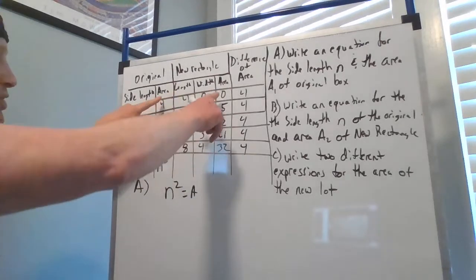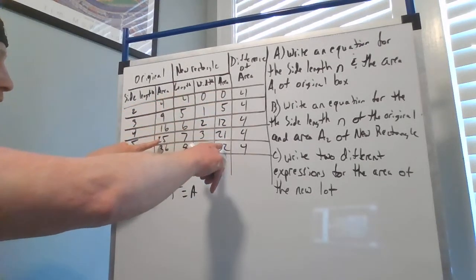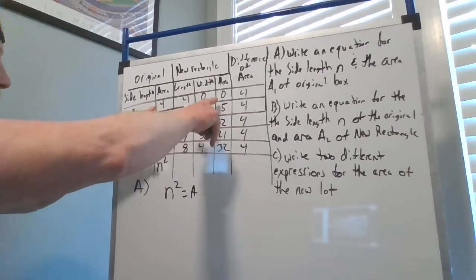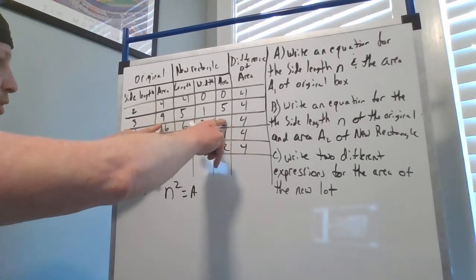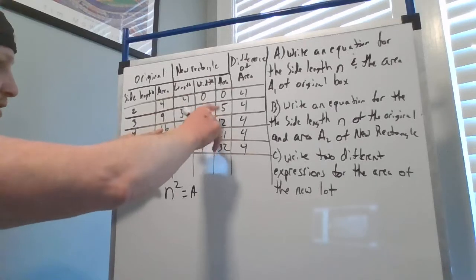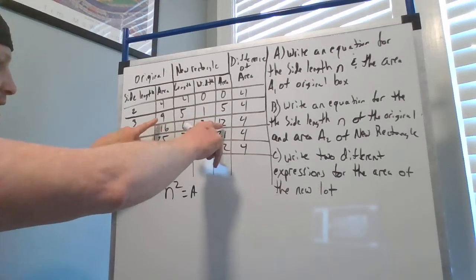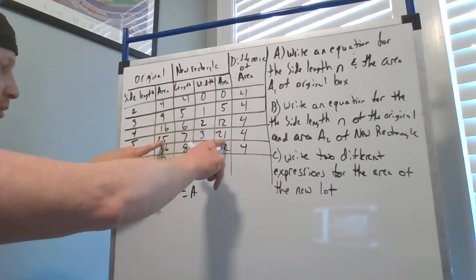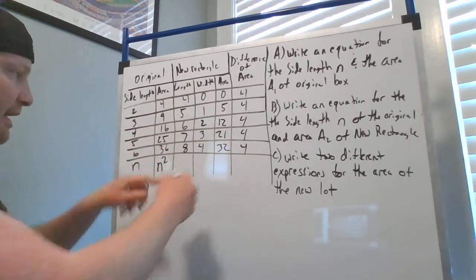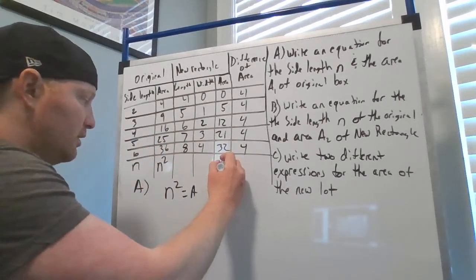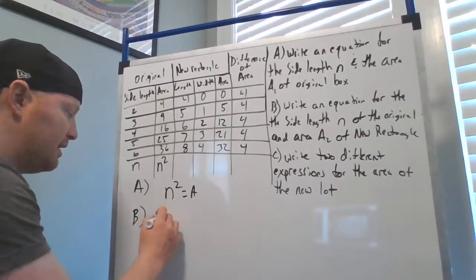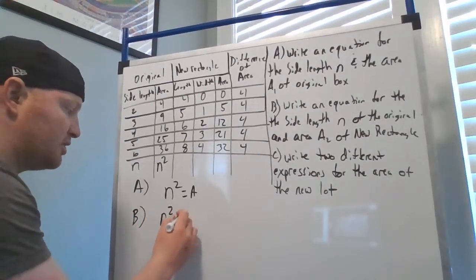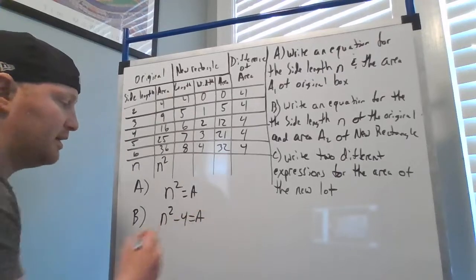I'm looking at these two parts right here to see what's going on, okay? And I can see every single time my area is 4 less than the area of the original. And I'm looking at that pattern. And now I can see that that's always consistently true. So my answer for part B is going to be, like I just figured out, n squared minus 4 equals A.